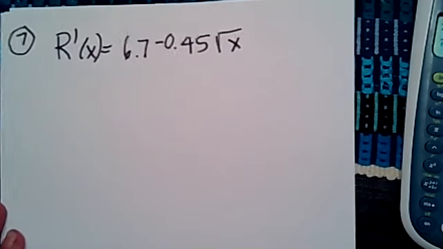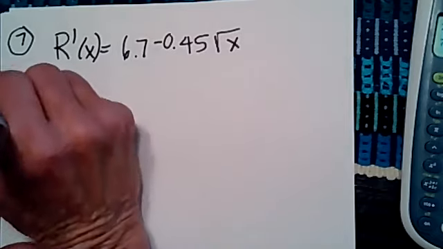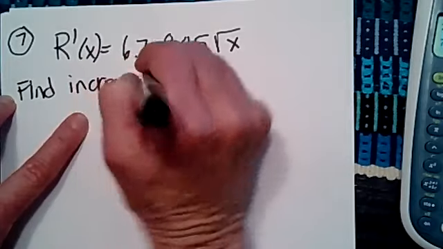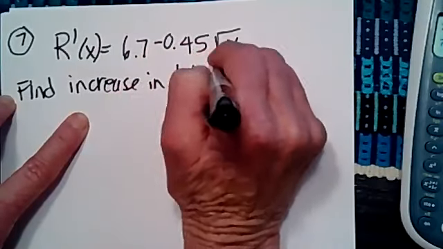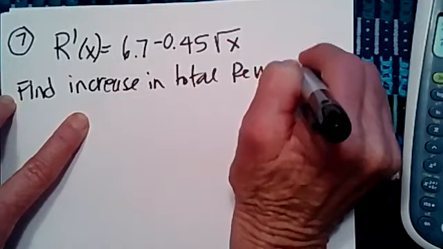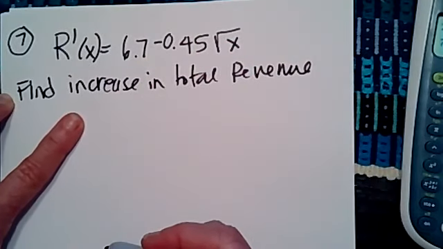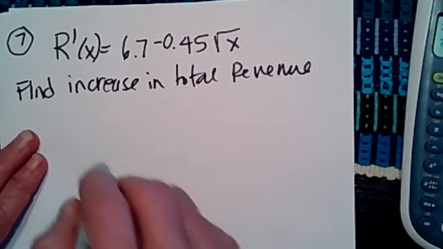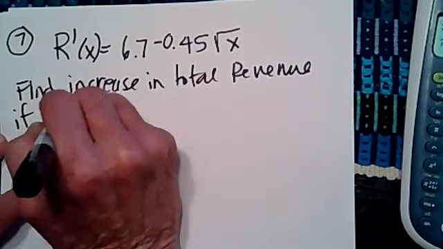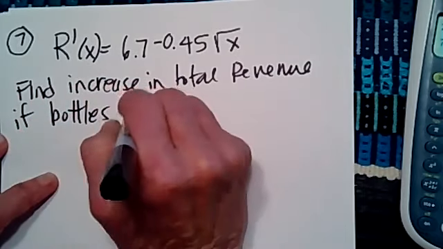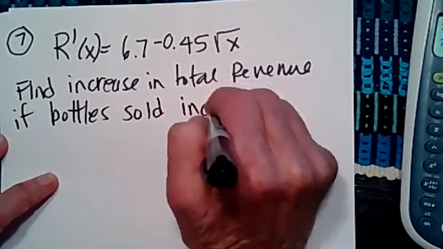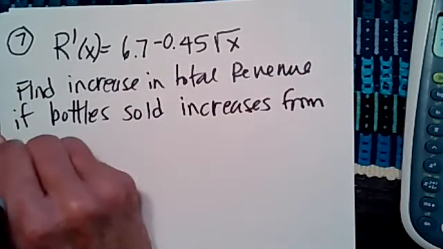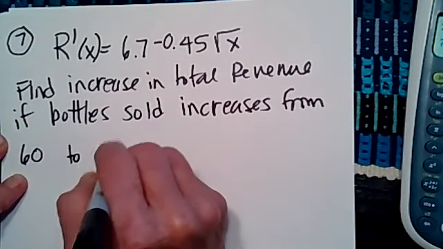Find the increase in total revenue if the number of bottles sold increases from 60 to 195.